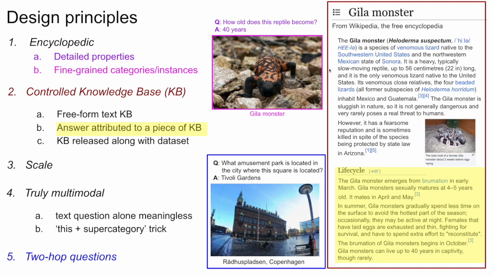Second, we want it to be aligned to a free-form textual knowledge base, in our case Wikipedia, and each answer has an attribute in this knowledge base. And third, it should be a large-scale dataset, which is fourth, truly multimodal, so that the text alone is meaningless or cannot resolve the questions. And finally, we want to include 2-hop questions, where an additional reasoning step is required to come to the answer.